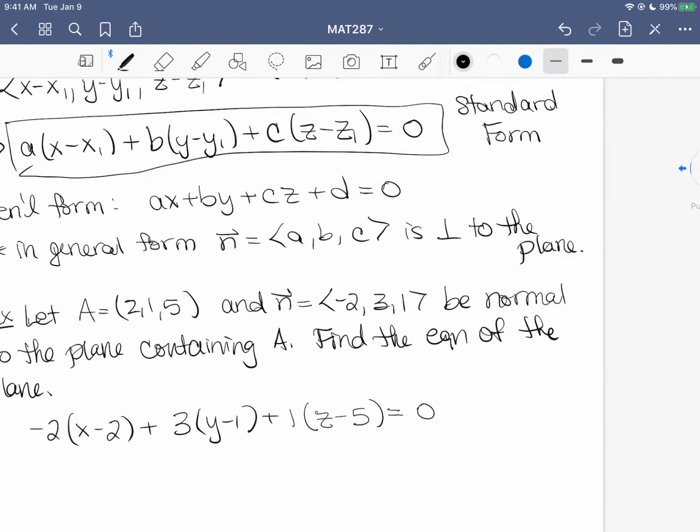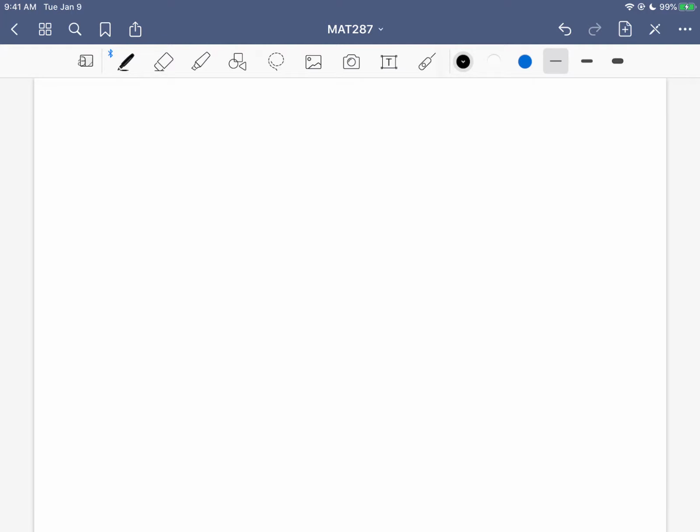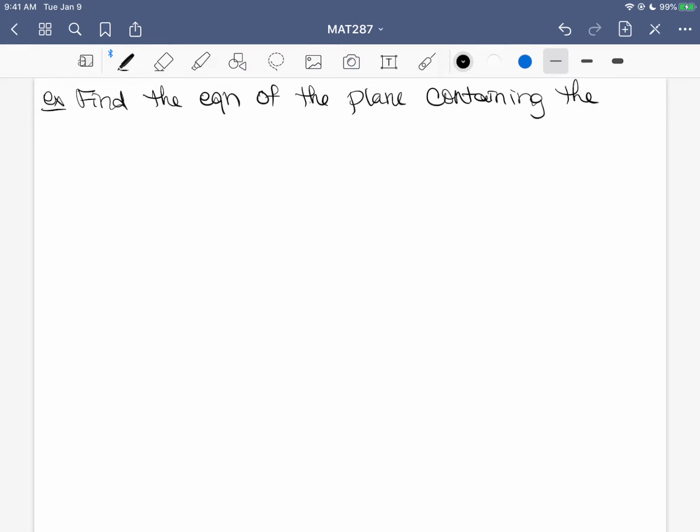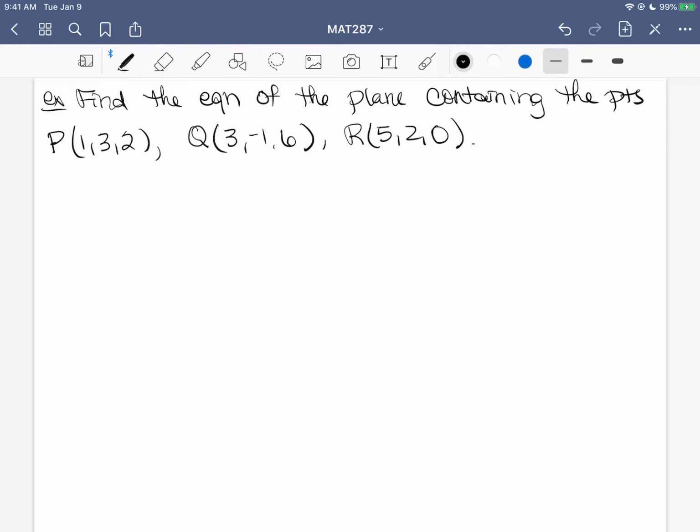Let's try something a little bit more complicated. So here I want you to find the equation of the plane containing the points P, 1, 3, 2, Q is the point 3, negative 1, 6, and R is the point 5, 2, 0.